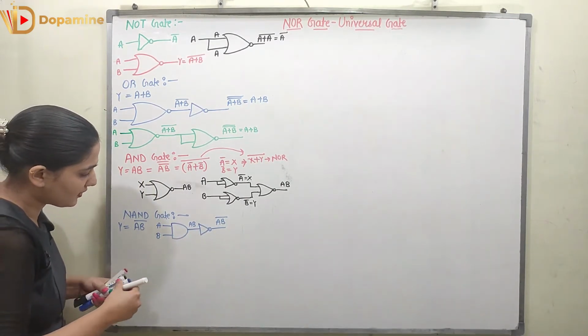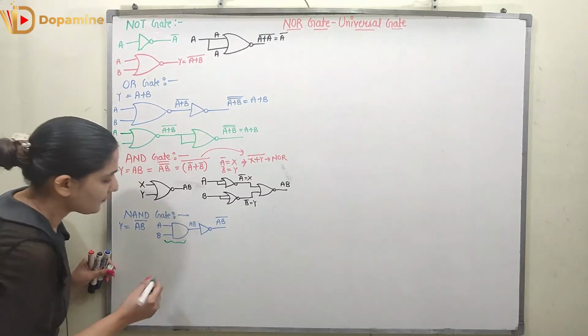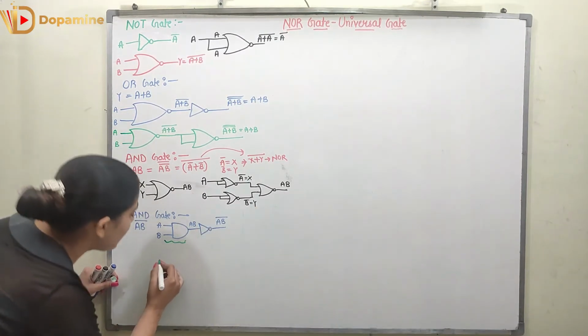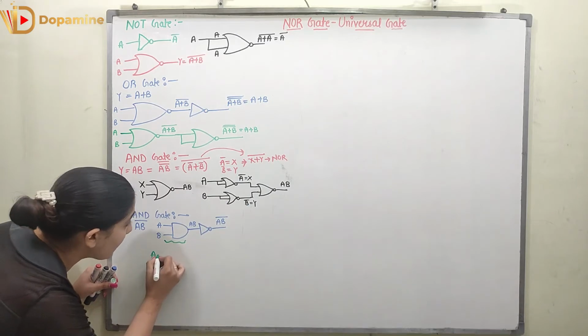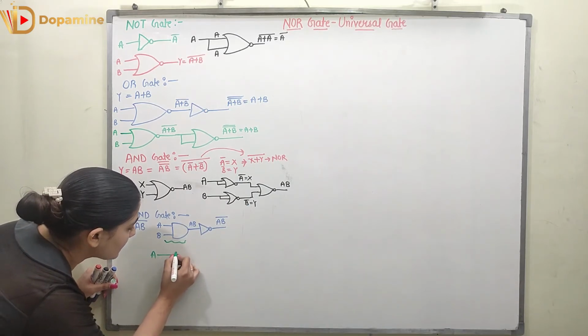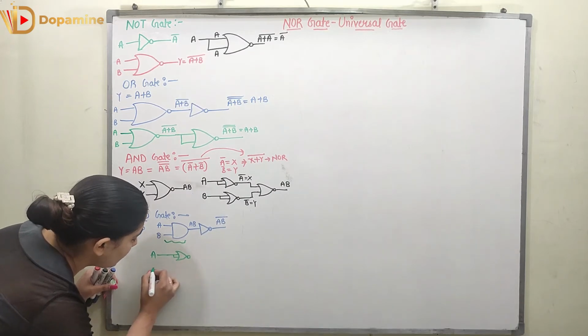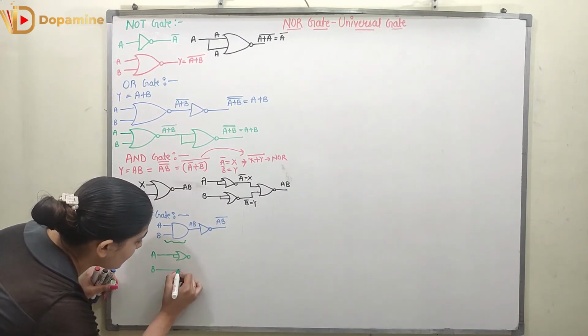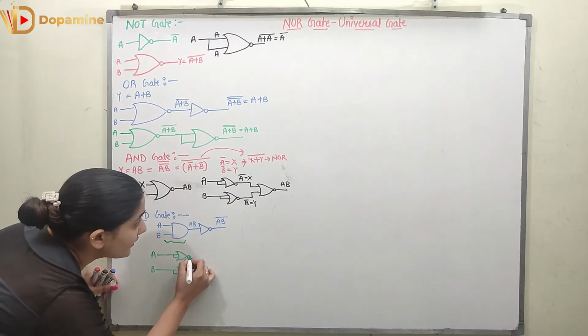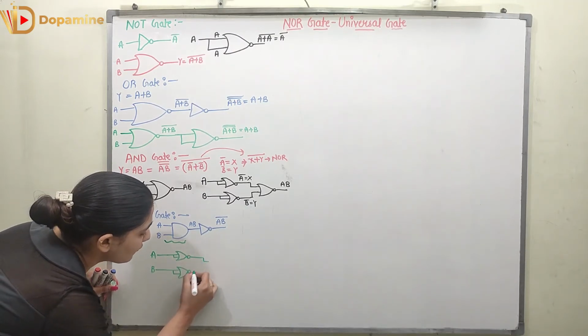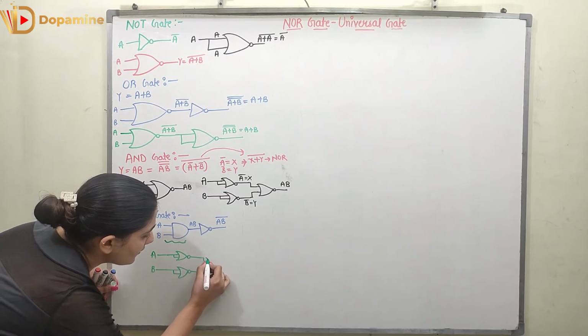I know how to design the AND gate, right? So AND gate I just have designed using the NOR gate. So I will be having A, which is going to a inverter NOR gate, right? Then I will be having B, which is again going to a inverter NOR gate, right? So now these two will be going to a NOR gate, right?